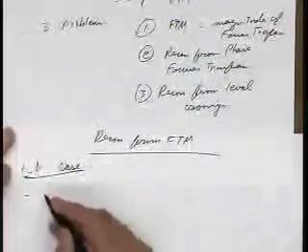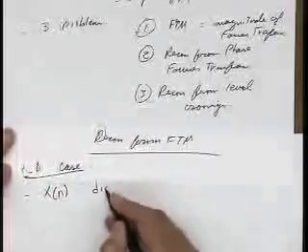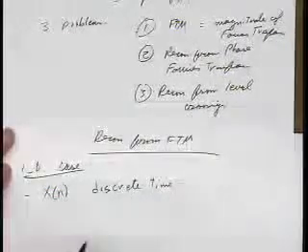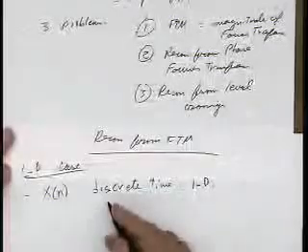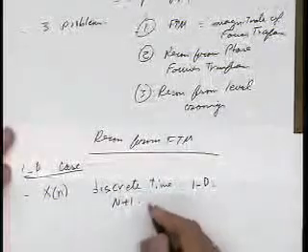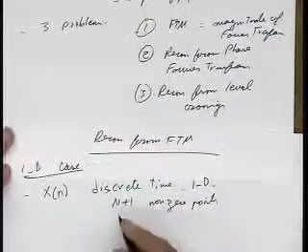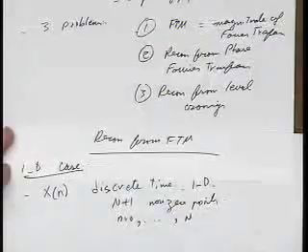So what we want to consider is a discrete time signal. This is x of n, discrete time. That means this n takes on integer values. It's a one-dimensional signal. It has N plus 1 non-zero points, and it's non-zero specifically for indices 0 all the way to N.